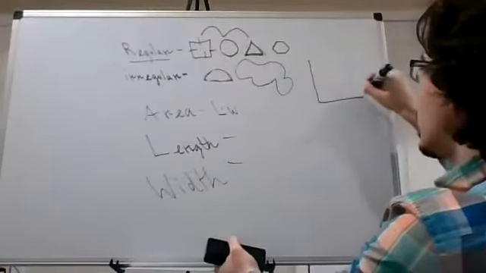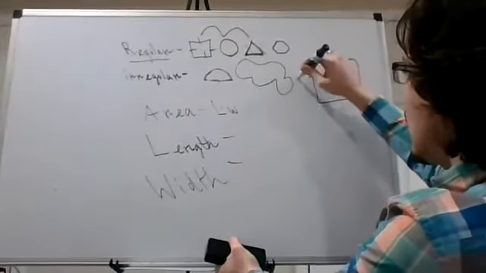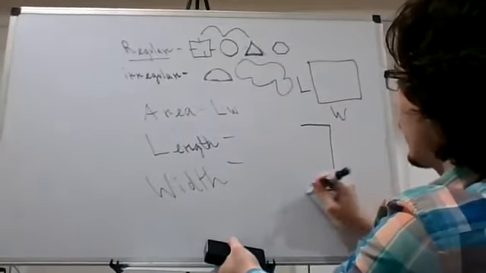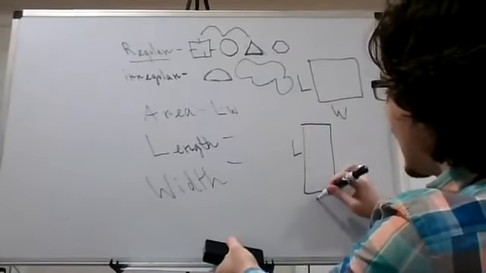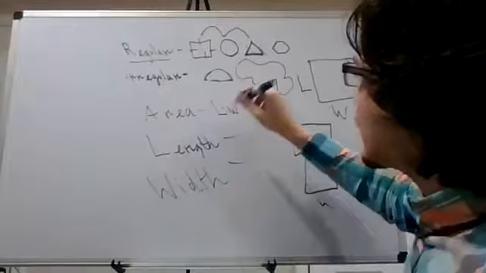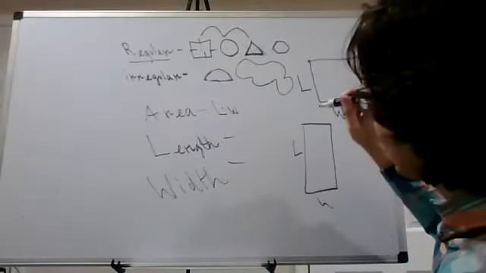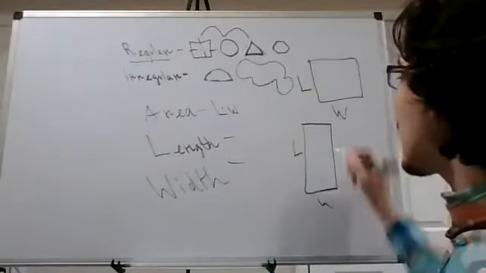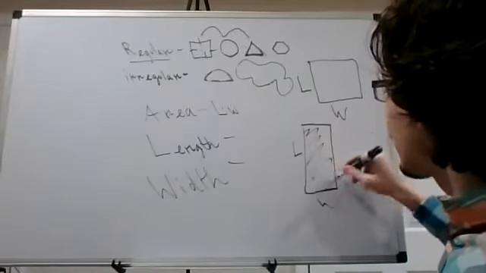So you have your square, you would have the length, and you would have the width. Or you could apply this to a rectangle. Length times width says that if you multiply the length of the shape by the width of the shape, then you will get the area.